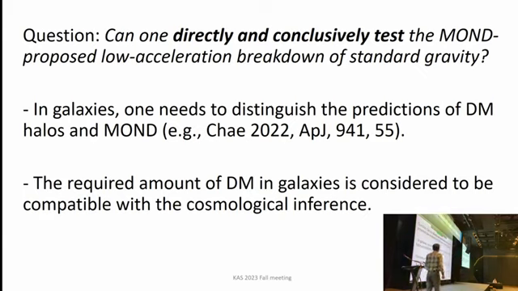So in galaxies, one needs to distinguish between the predictions of dark matter halos and MOND. Okay, this is one example. And the main thing about dark matter is that the required amount of dark matter in galaxies is considered to be reasonable, compatible with the cosmological argument.